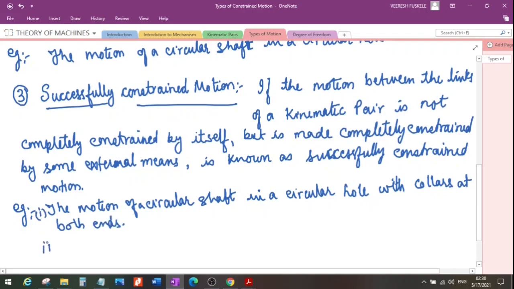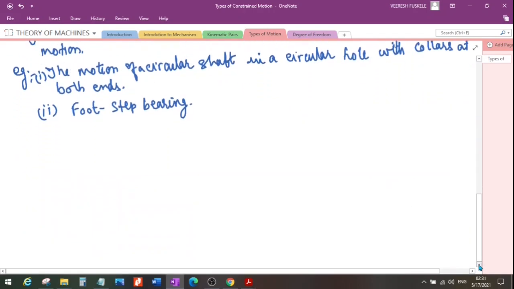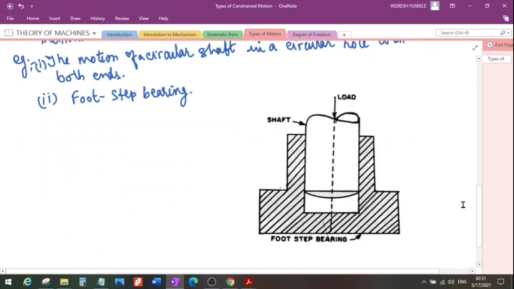There is one more very good example, that is of the footstep bearing. You might have seen this footstep bearing when you studied machine drawing. Generally, they teach how to draw the assembly of a footstep bearing. So, let me show you a picture of the footstep bearing. This is how the footstep bearing looks.